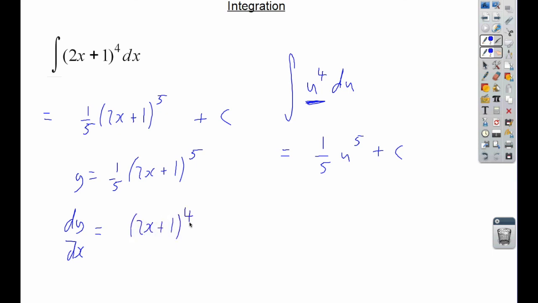Then, because it's the chain rule, differentiate what's in the brackets, you get 2. So you'd multiply that by 2. But hang on, in the actual question, there is no 2 there, is there? So you divide by 2. So if you were thinking, I know what this coefficient should be, it is 1/10, you're absolutely right. And the reason is explained.